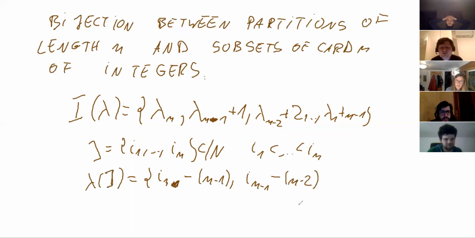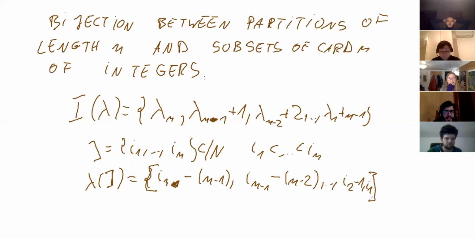I see a typo in the notes, I will have to correct it. Down to I2 minus 1, I1. And it's a partition. So the smallest one you don't change, and the others you adjust so that it becomes a partition.